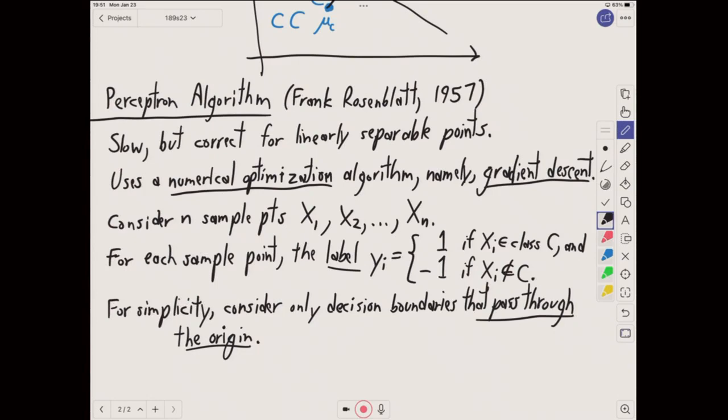You might ask, is this a bad limitation? And the answer is, yeah, in practice it usually is a pretty bad limitation, not really acceptable. But on Wednesday, I'll show you a magic trick that completely resolves the problem and brings back general decision boundaries that don't necessarily pass through the origin. So just suspend your disbelief for now, and remember, I promised you we'll fix this on Wednesday.